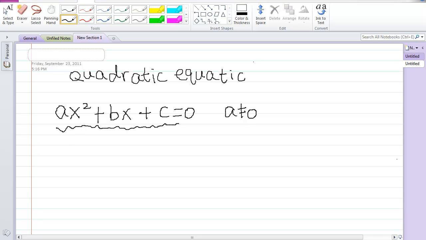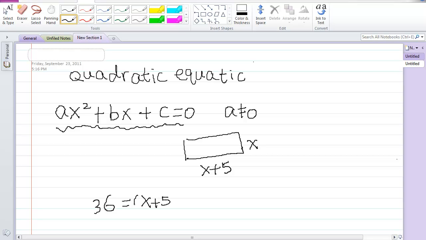Quadratic equations are actually really useful. For example, if you have a rectangle with a length of x plus 5 and a width of x, and you're given an area of 36, then you have 36 equals x plus 5 times x, length times width.